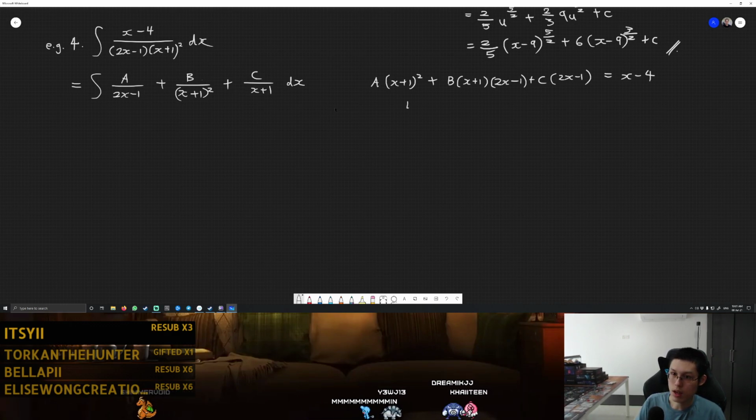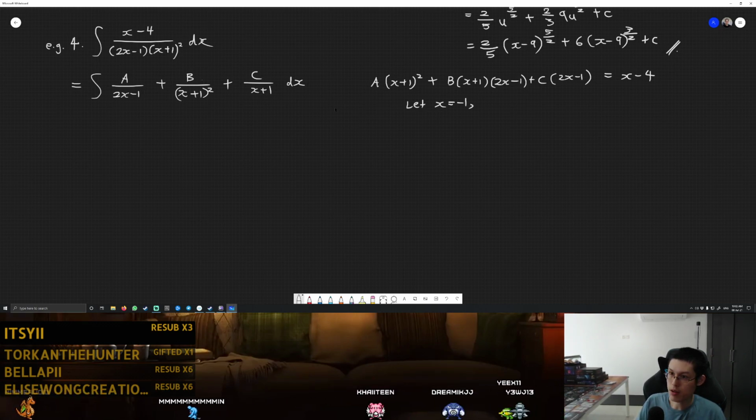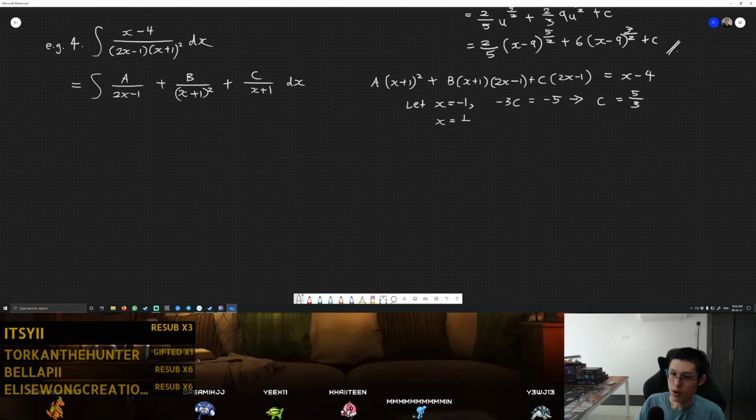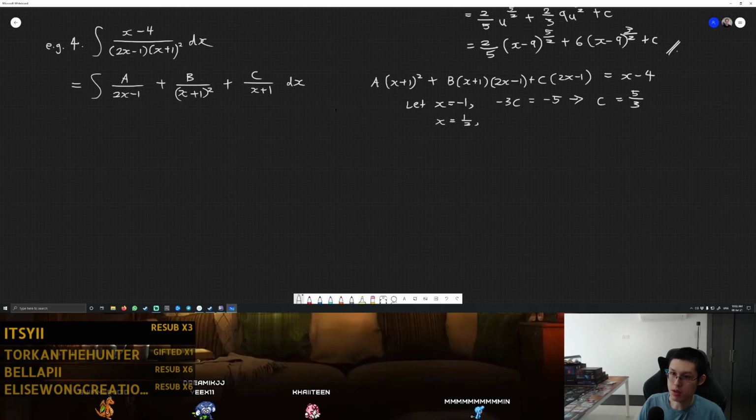Okay, so let x equal minus 1, which means A and B disappear. So we have minus 3C equals minus 5. Therefore, C must be 5 over 3. Then if x is 1 over 2, B and C would disappear. So we have A times 3 over 2 squared, which is 9 over 4.